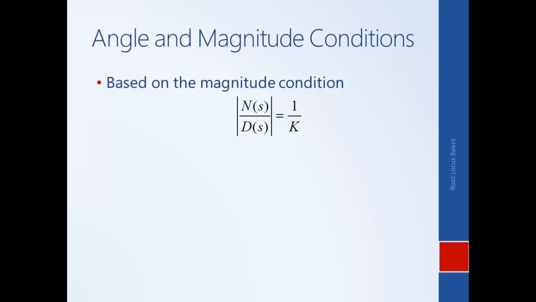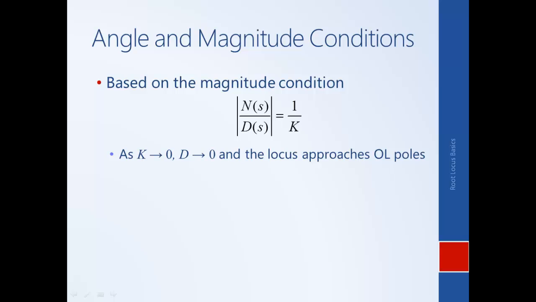And so think about what values of s will make the denominator approach 0. Values of s that make a denominator 0 are the poles. So in essence, as k gets small, this blows up. In order for this to blow up, d must get small, and that corresponds to s approaching a value of the open loop poles, because d of s is the open loop denominator. So as k approaches 0, the root locus approaches the open loop poles.